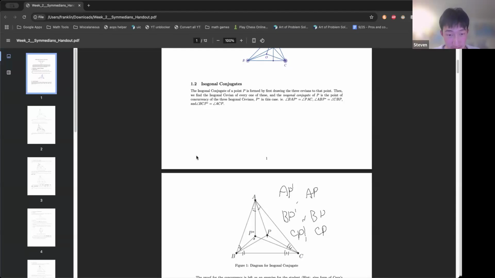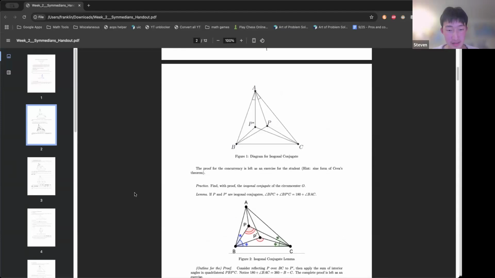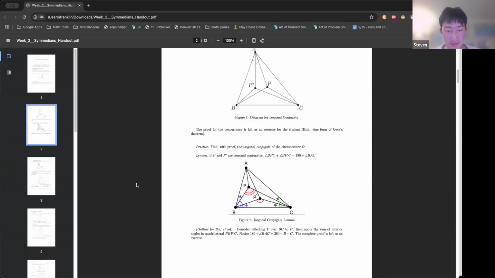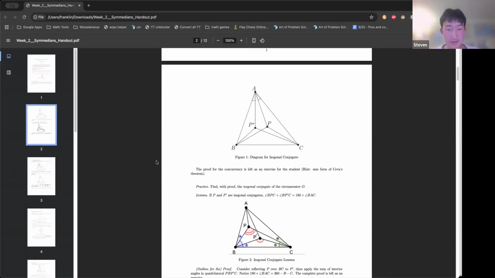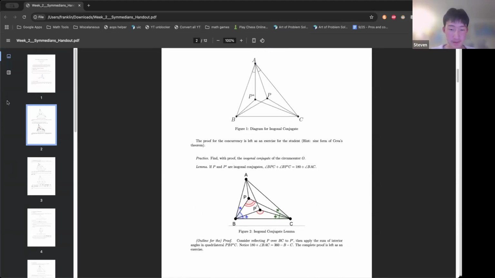So then we are going to have another practice problem, which is: find, with proof, the orthogonal conjugate of the circumcenter O for a certain triangle, let's say ABC.